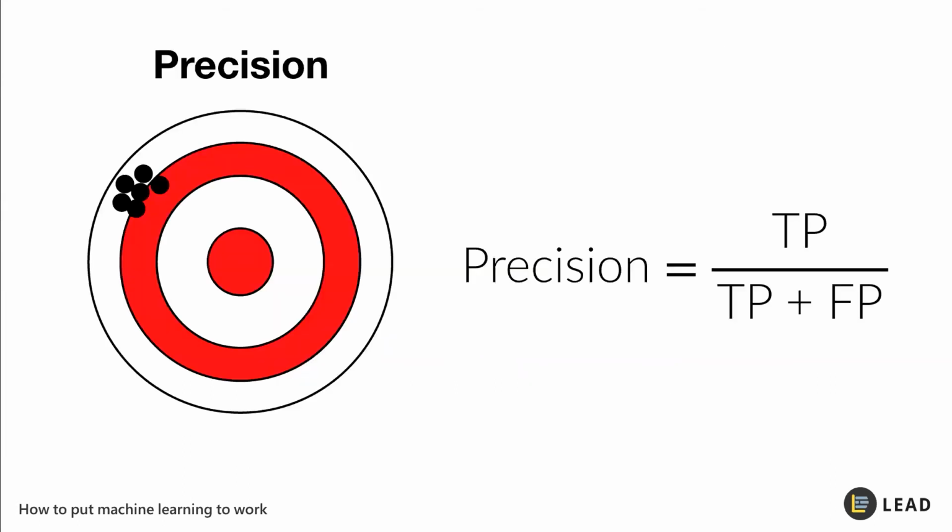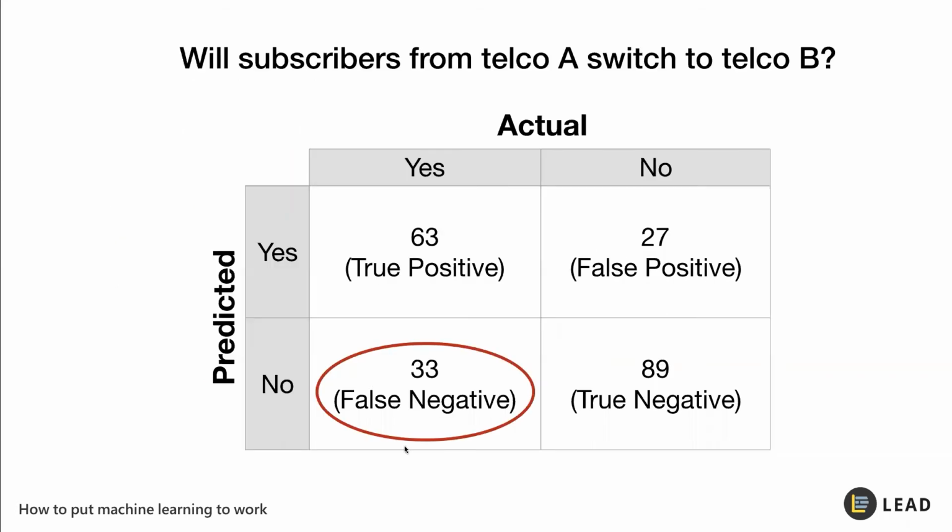Now, in machine learning, there are two things: precision and accuracy. Precision is the ratio of true positives over true positives plus false positives. In this case, it's 63 over 90.